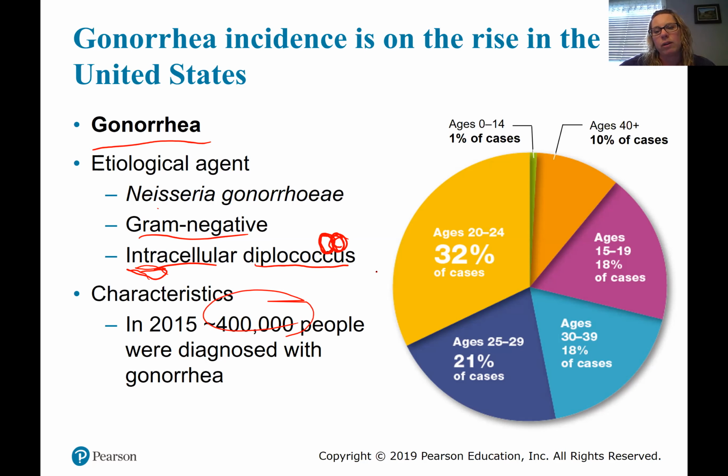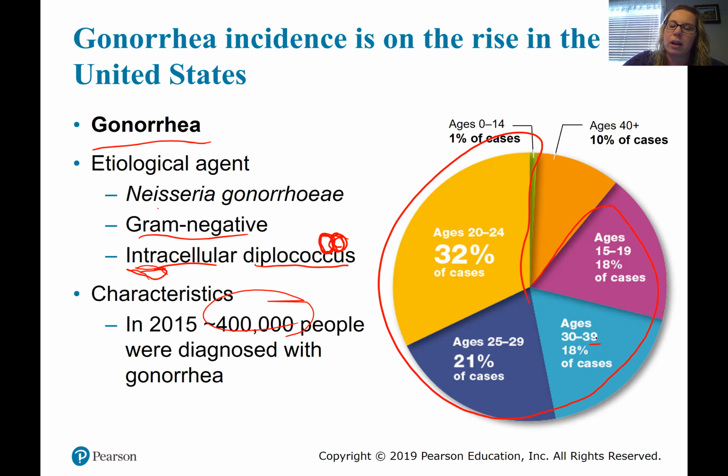And I should point out as well, according to the CDC, with a lot of the STIs, many more go unreported. Again, because remember, a lot of them are asymptomatic. And so they tend to think that the actual number of people with the STIs is actually double or more. But it's hard to tell because of the asymptomatic cases.